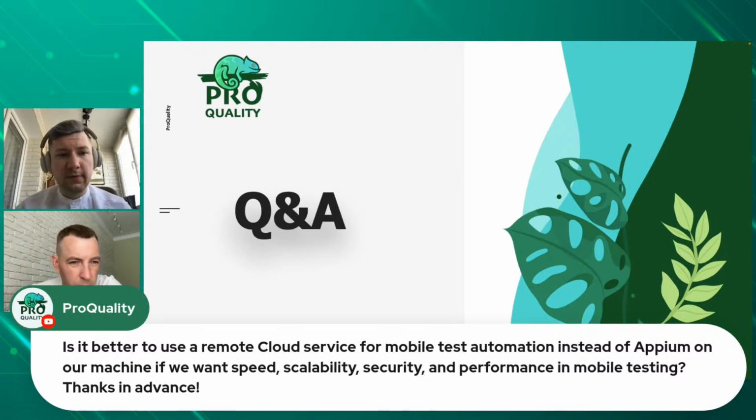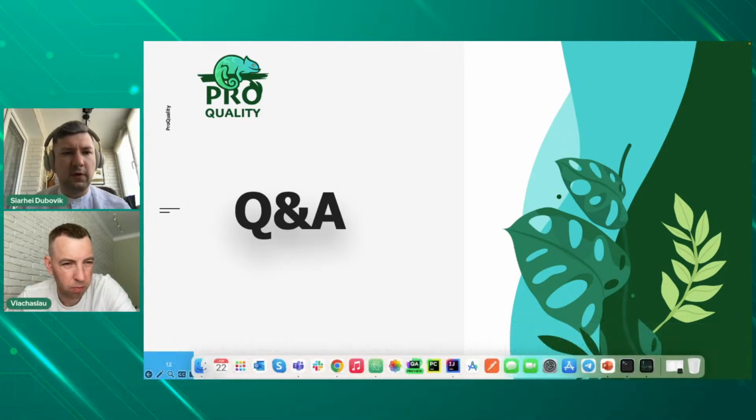But if your project, for some reason, cannot afford a subscription or paying for remote cloud services, you can still use Appium locally, but you need to realize all the limitations which I showed during this session.